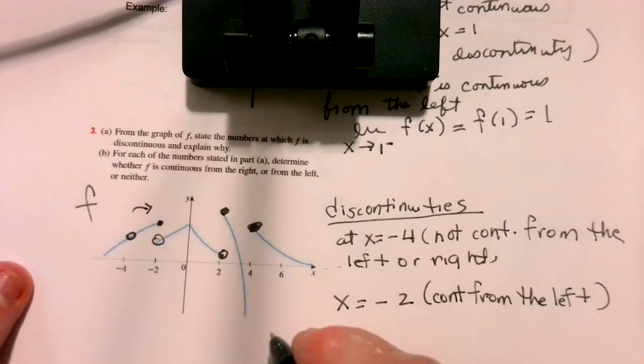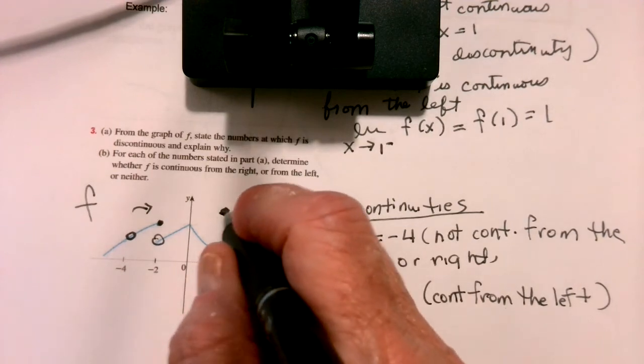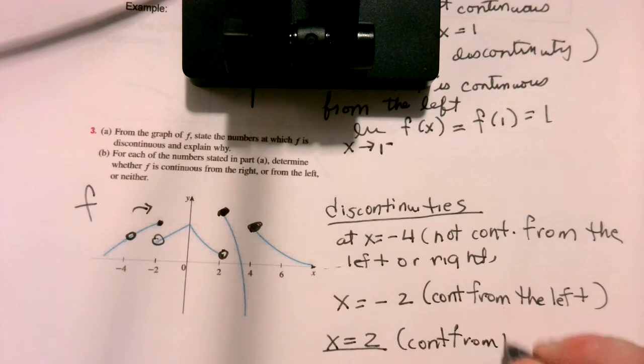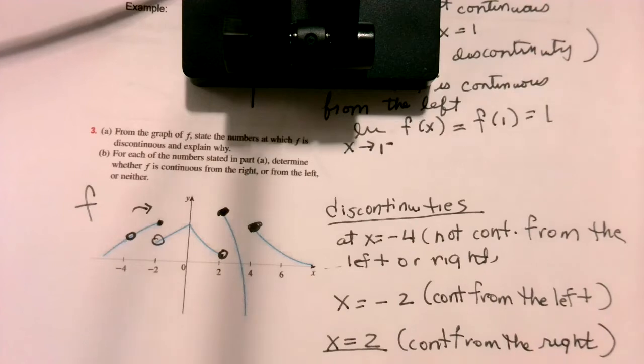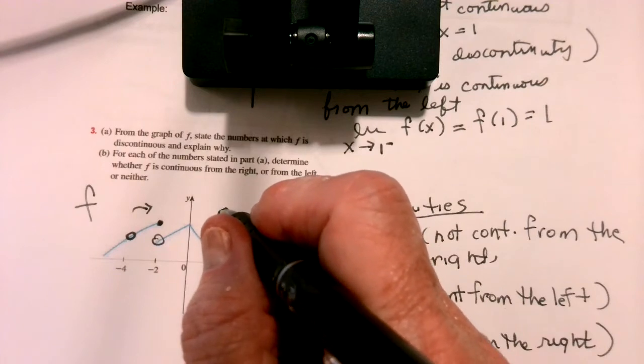Okay, and the next place it's discontinuous is, let's see, at x equal 2. And that's a hole, that's the solid dot right there. It's continuous from the right. Okay, because at x equal 2, coming into 2 from the right, you're coming into the solid dot.